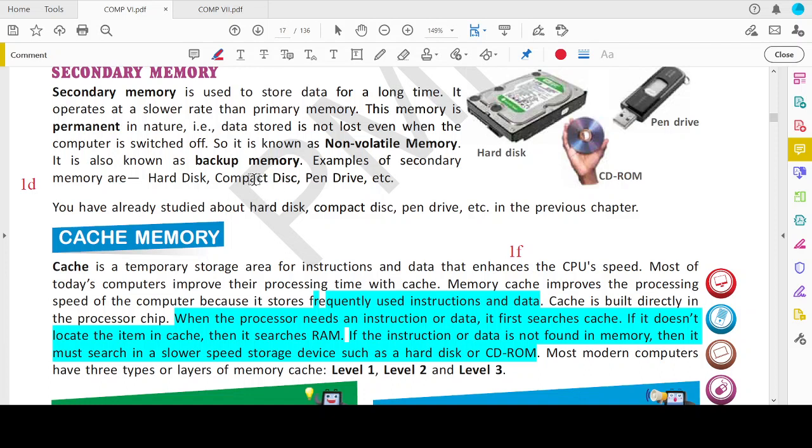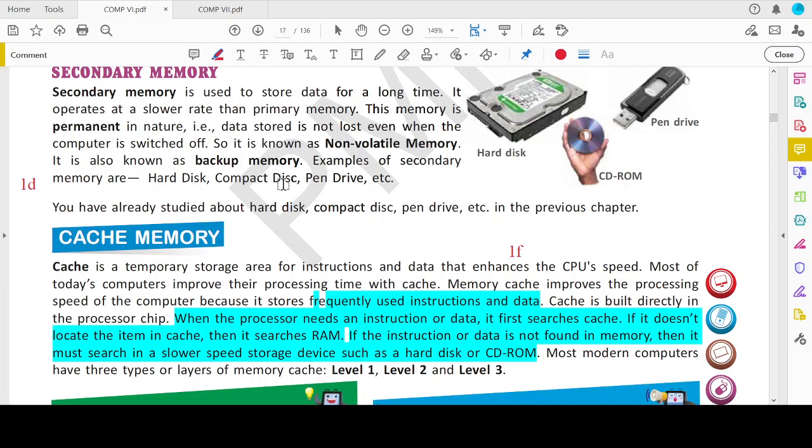You can use the compact disks, the optical medium used through optical laser rays, the CD-ROM drives, the DVD drives, the Blu-ray discs. All these are compact discs.